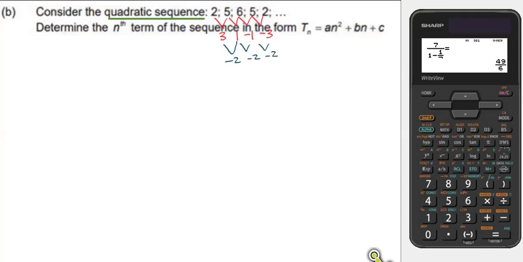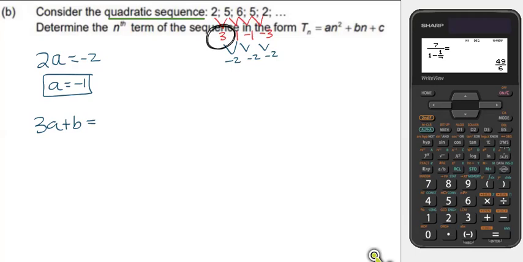Then you want to say, okay, guys, the second difference is minus 2. You divide by 2, a equals minus 1. Then you want to recall 3a plus b equals the first term of the second row, which equals 3. So you're going to put 3 times minus 1 plus b equals 3.